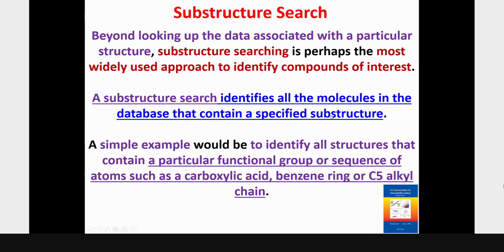containing a specified substructure. For example, your substructure could be an aromatic ring, or a carboxylic acid group, or an alkyl chain, a C5 alkyl chain. So if you hit that query, all the structures that you get from the database will have that particular substructure.